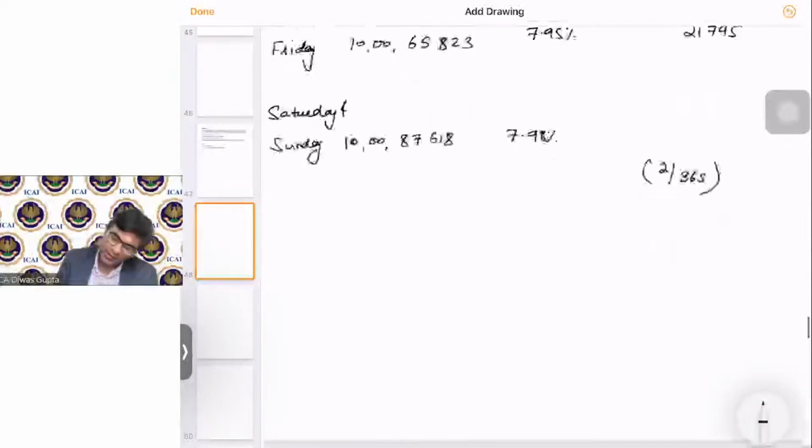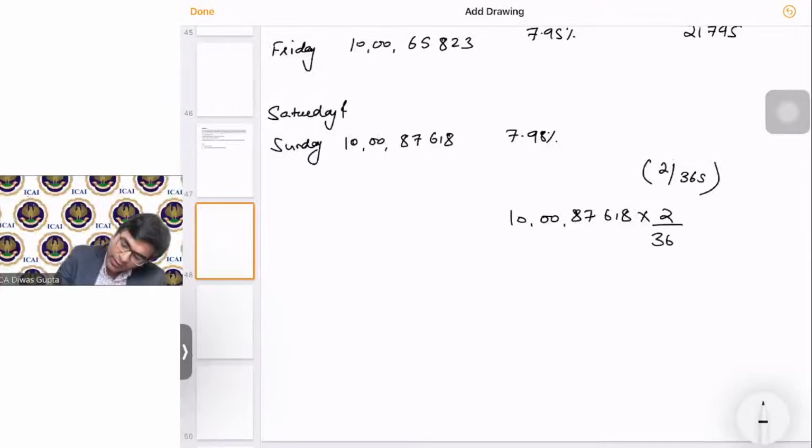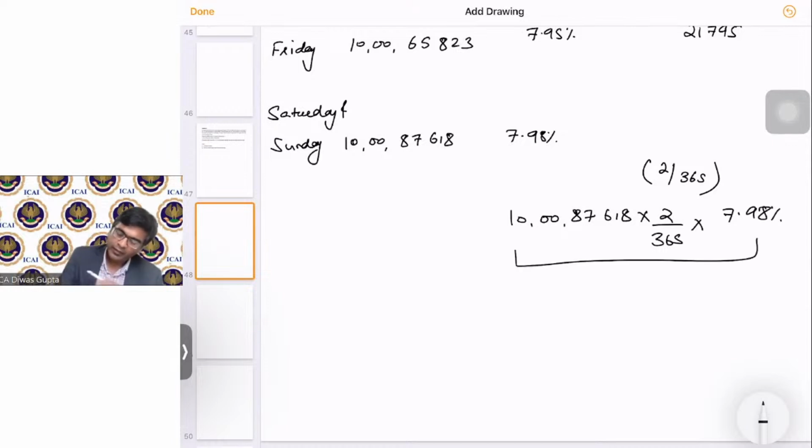Let me write the formula here itself. 10,087,618 multiplied by 2 divided by 365 multiplied by 7.98 percentage. If you solve this, 87,618 multiplied by 7.98 percentage multiplied by 2 divided by 365. So this comes as 43,764.